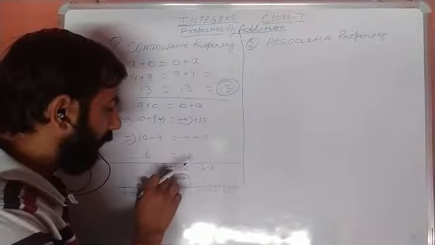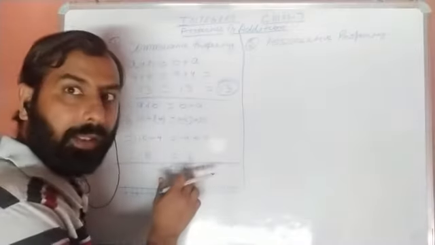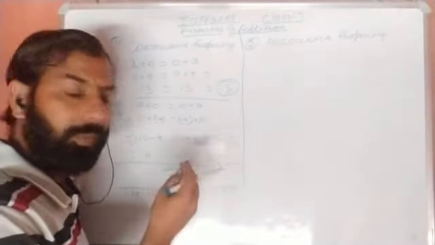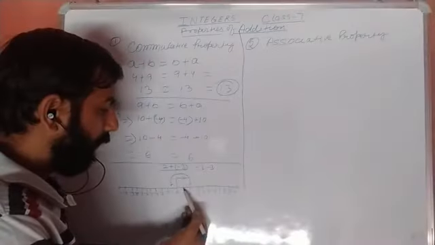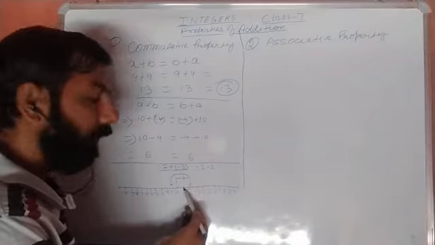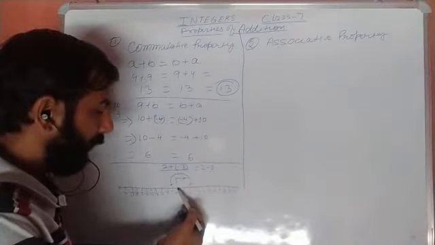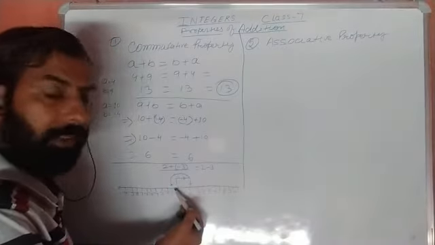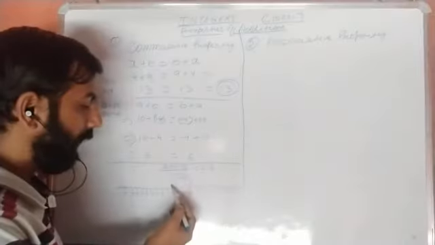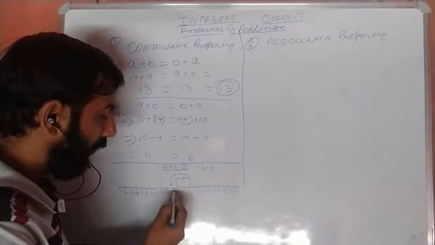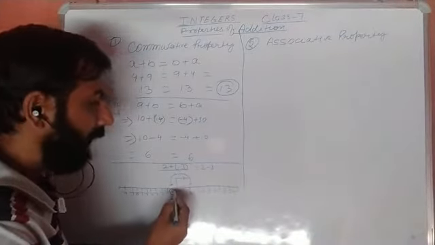You have to add plus minus 3, so on the minus side we will move 3 places. From 2 to 1, 1 place; 1 to 0, 2 places; 0 to minus 1, 3 places. It means we have to move 3 digits. Now what result have we got? We have got the result minus 1.